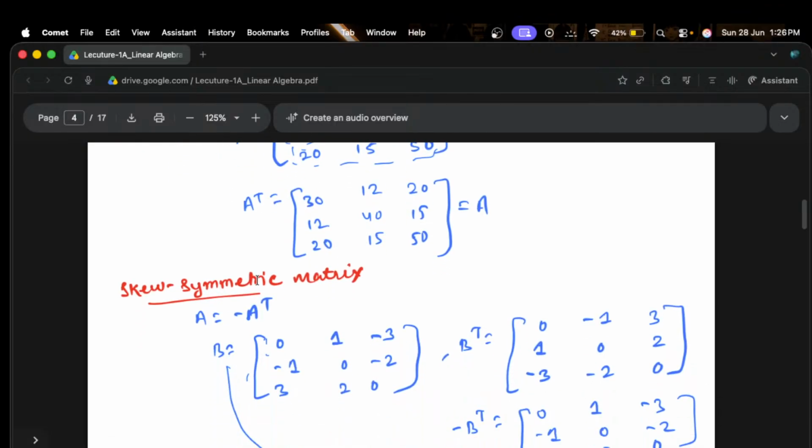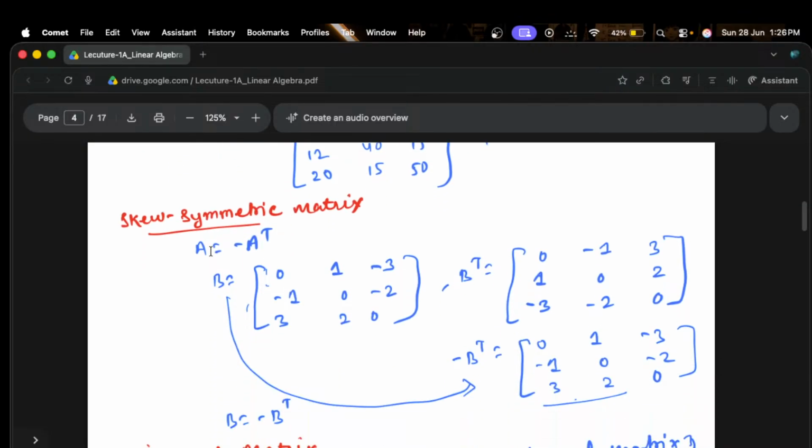And what is this skew symmetric? Then when it will be negative of transpose. Okay. Okay, let's see how it went. Fine. Oh yeah, makes sense.